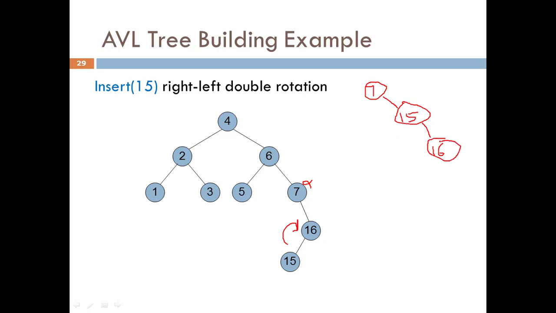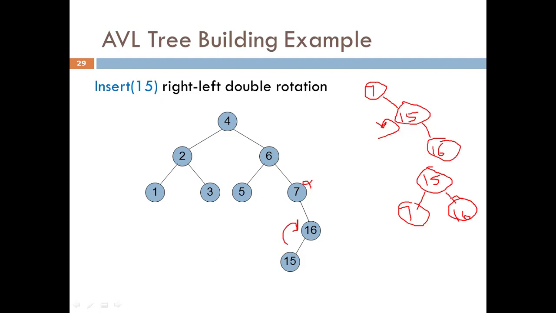Okay, so after performing the first rotation, it will look like this, and then we need to perform a single left rotation. So 15, this we are familiar with performing the single rotations. 15 का जो left होगा, it will be 7, and इसका जो right होगा, it will be 16, like this one.